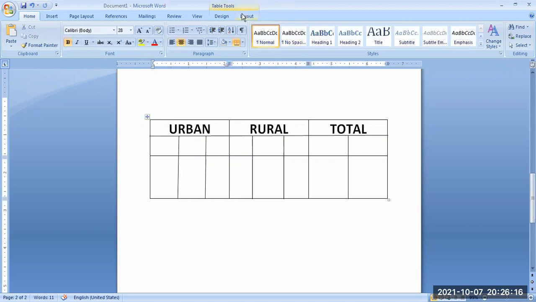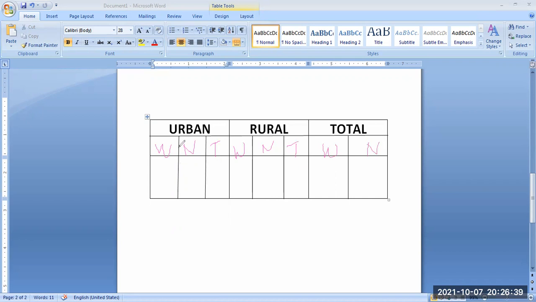Then in this one, we want workers, non-workers and total. Similarly here, workers and non-workers.